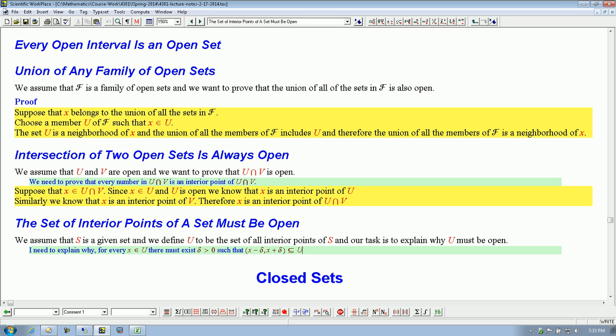I've got to prove that every member of U is an interior point of U. So let's now come to the point.